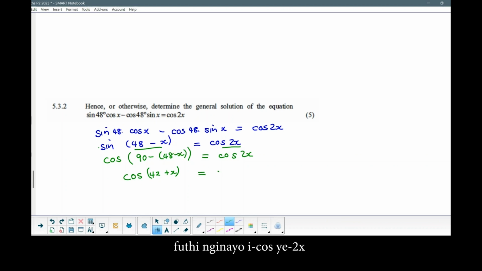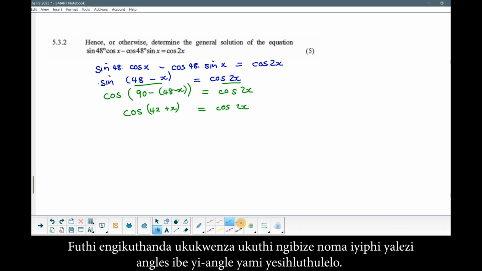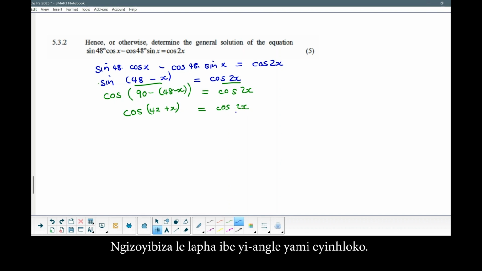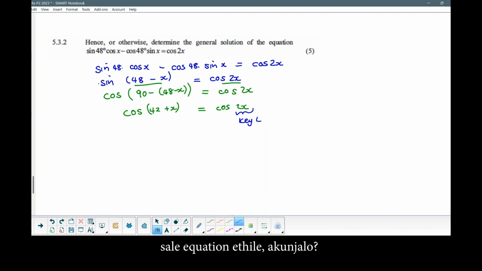And I have cos 2x on the right-hand side. Now, we've got an expression with the cos on the left and the cos on the right. And what I like to do is I make either one of these my reference angle. So I'm going to call this here my key angle. So now I'm going to end up with a general solution for this particular equation.